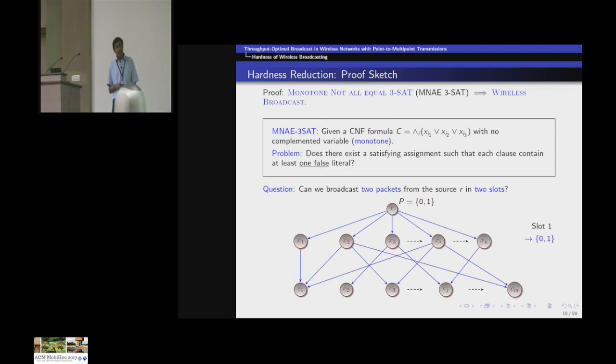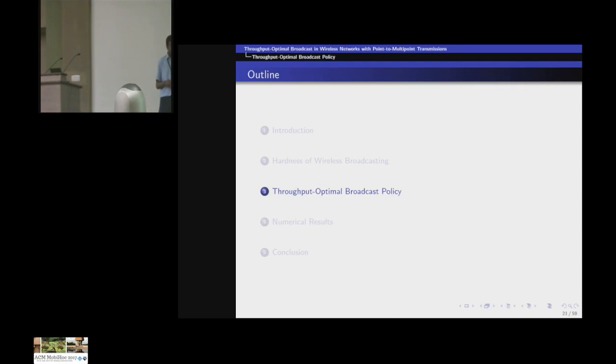The interesting thing is that everybody in the third layer will get an assignment for the MNAE 3-SAT problem, because in that case at least one node will be transmitting 0 and at least one node will be transmitting 1. So this is a very straightforward reduction to the MNAE 3-SAT problem, and this shows why this problem is NP complete.